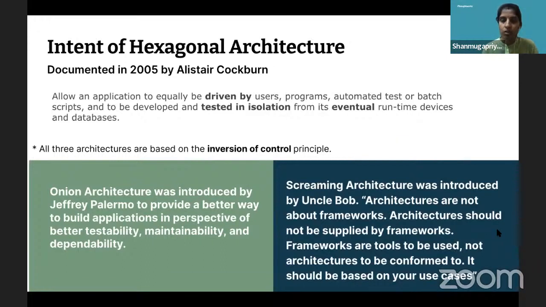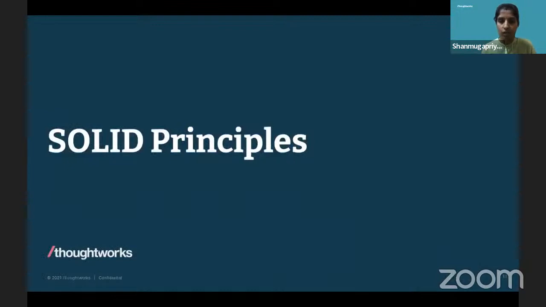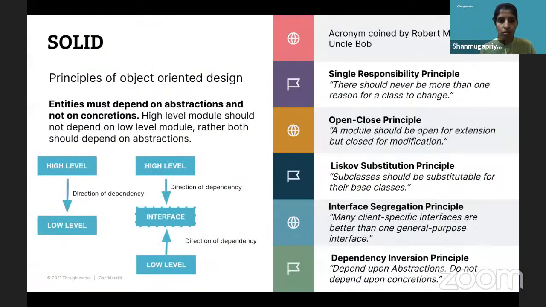So moving on. Since these architectures are mainly dependent on inversion of control, let's take a closer look at what inversion of control is. Here is a quick view of the SOLID principles. SOLID principles are defined for object-oriented design.